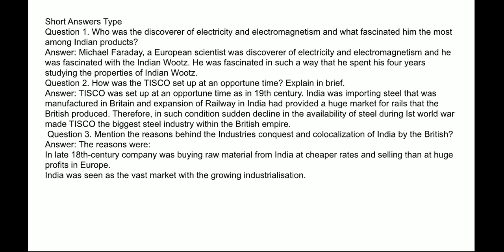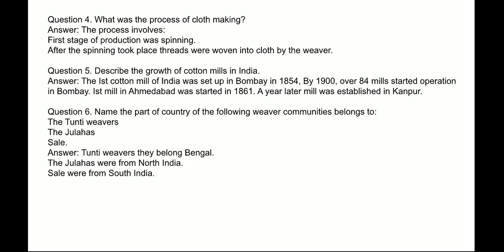India was seen as the vast market with the growing industrialization. Next question. What was the process of cloth making? Answer. The first stage of production was spinning. After the spinning took place, threads were woven into cloth by the weaver.